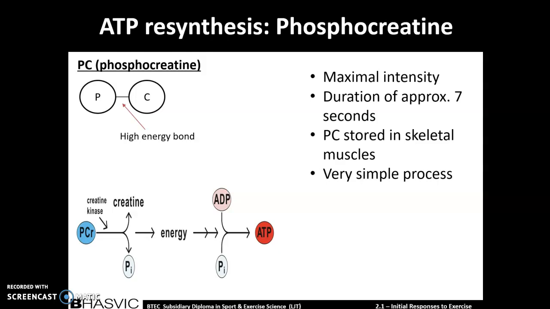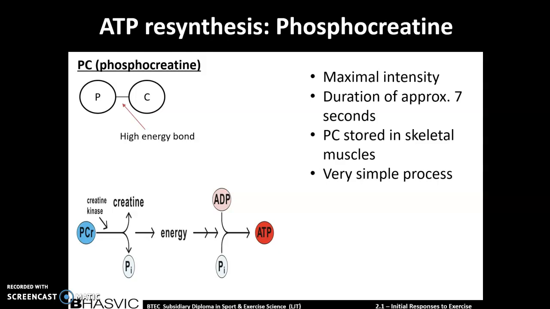The process of the phosphocreatine breaking down and then the inorganic phosphate being formed with the ADP to form ATP is known as a coupled reaction, as the breaking of the phosphocreatine is an exothermic reaction, and the formation of ATP is an endothermic reaction, and that's why it's known as a coupled reaction.